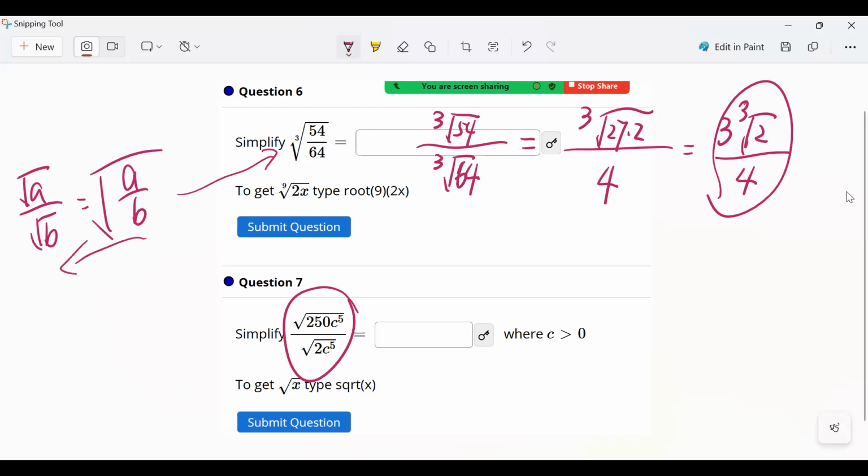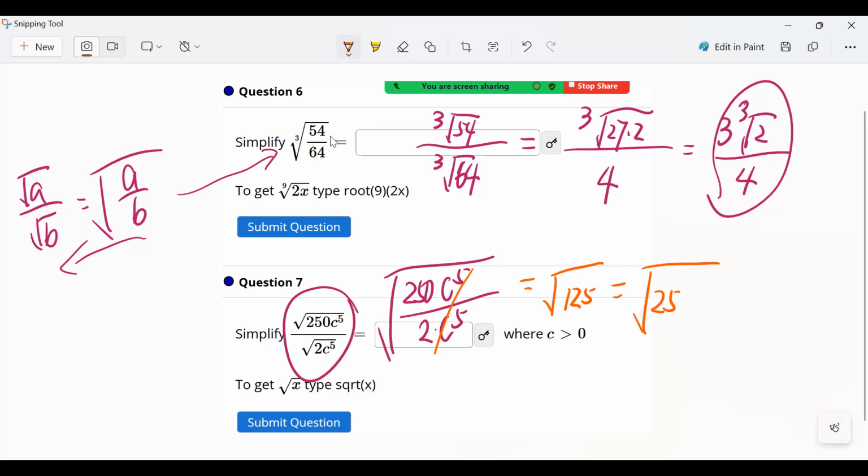And this one, we're going to put it together, so it becomes root of 250 c to the 5 over 2 times c to the 5. Now we can cancel common terms. c to the 5 gets canceled. 250 by 2 is 125. We get square root of 125. Then break down as 25 times 5. And square root of 25 is 5. So it's 5 square root of 5.